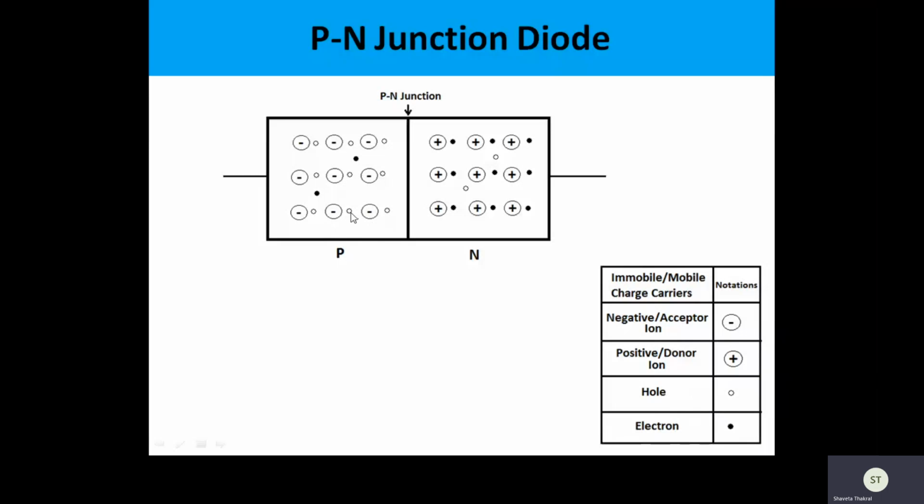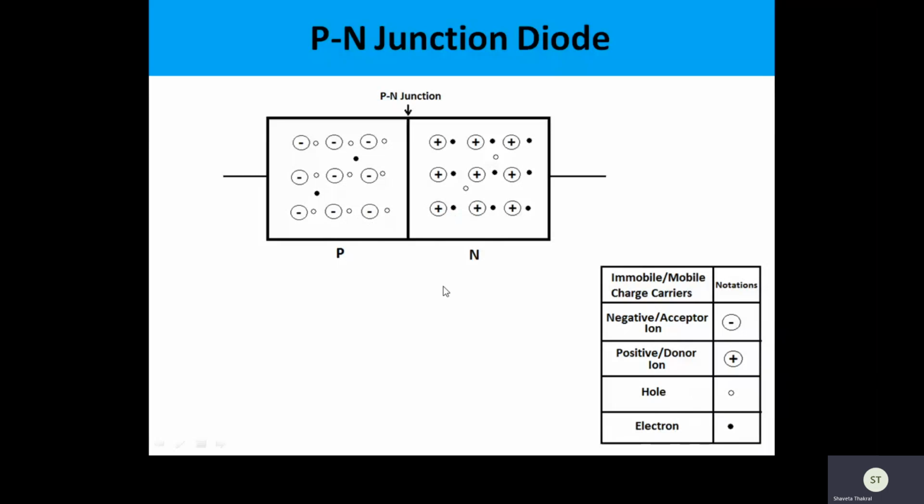Every hole is associated with one negative immobile ion. Similarly, in the n-type extrinsic semiconductor material, the majority charge carriers are electrons, the minority charge carriers are holes, and every electron is associated with an immobile positive ion.